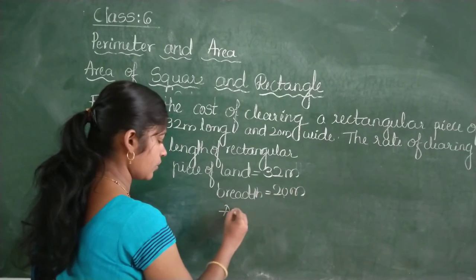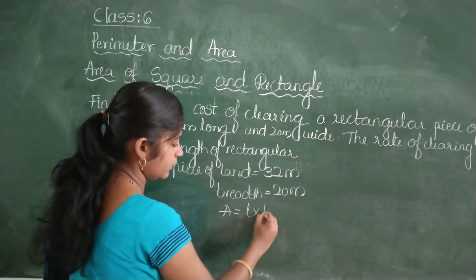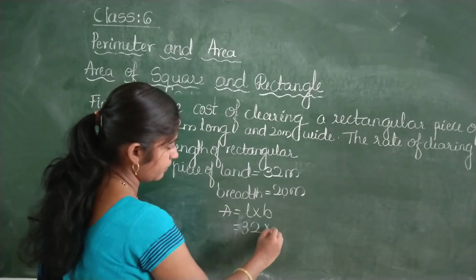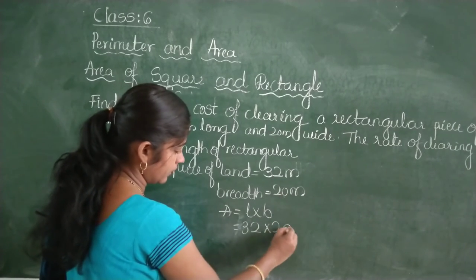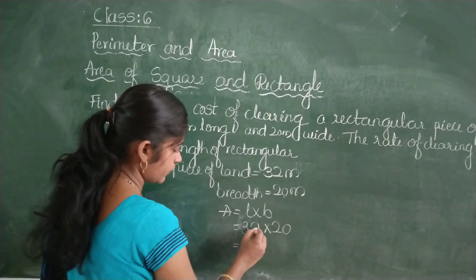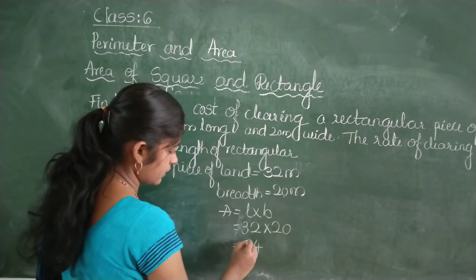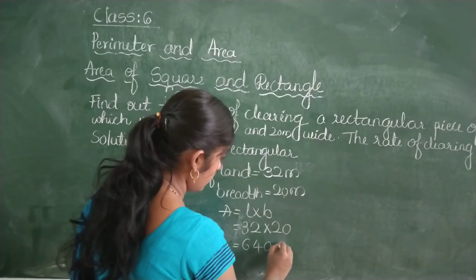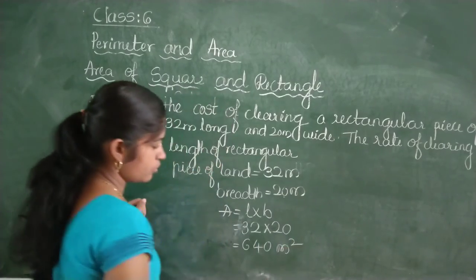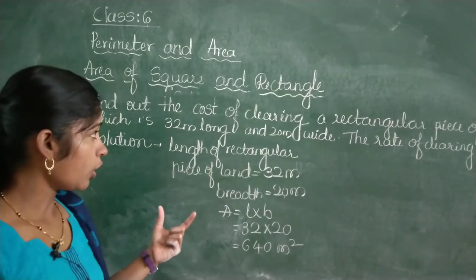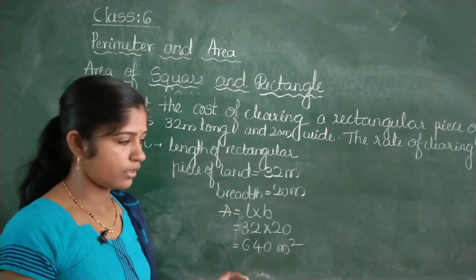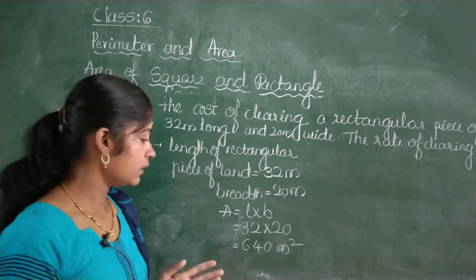So area is equal to length into breadth. So area how much is there? 32, and breadth 20. So 2 twos are 4, 2 threes are 6, and this 0. 640 meter square. So the area of that rectangular piece of land is 640 meter square.